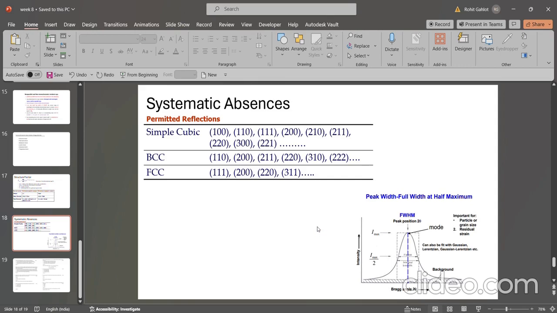The overall intensity can be written as the structure factor squared, times the polarization factor, times the Lorentz factor, which is (1 plus cos square 2 theta) divided by (sine square theta cos theta), times the absorption factor, then e to the power minus 2M. And the plane which has atoms exactly half a wavelength out of phase will be somewhere deep inside the crystal, and there destructive interference will take place.